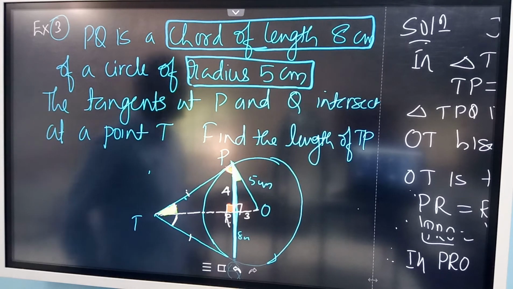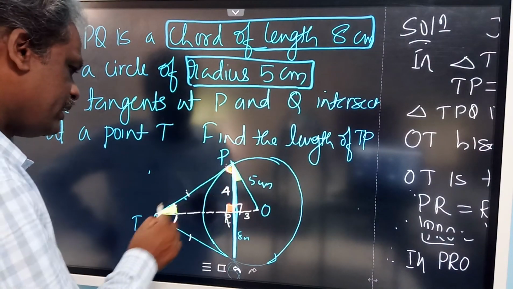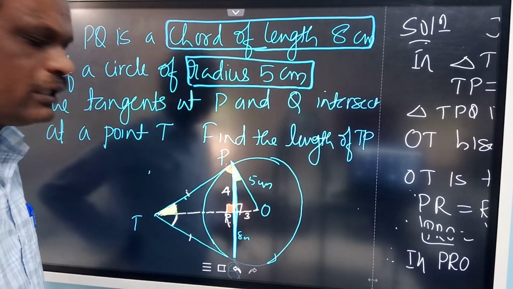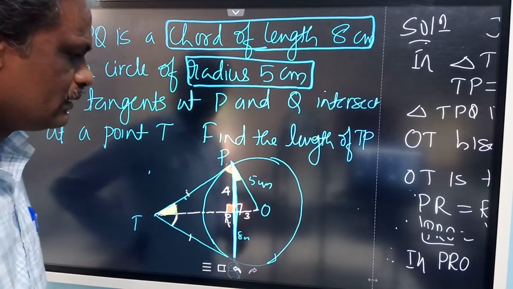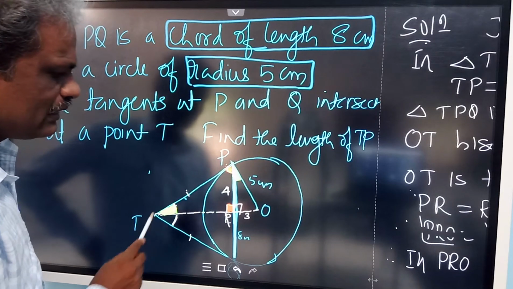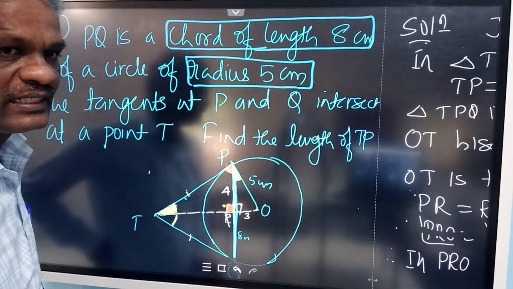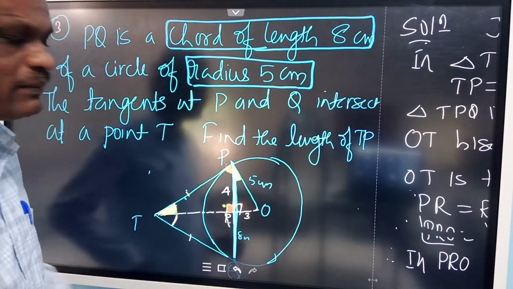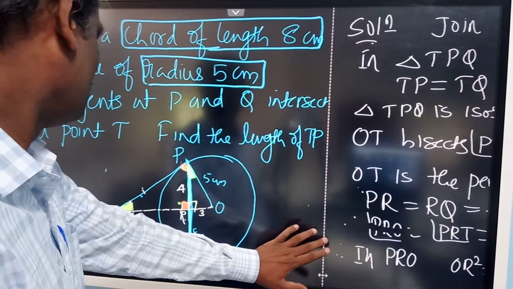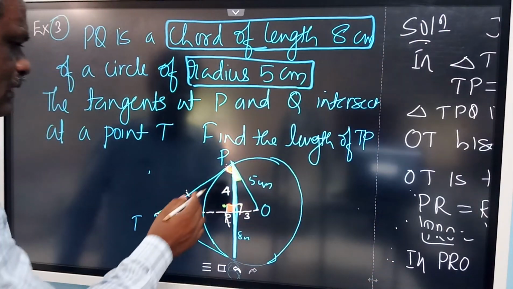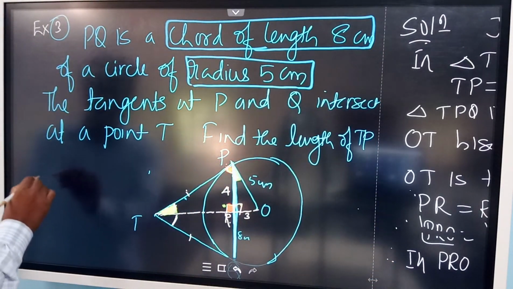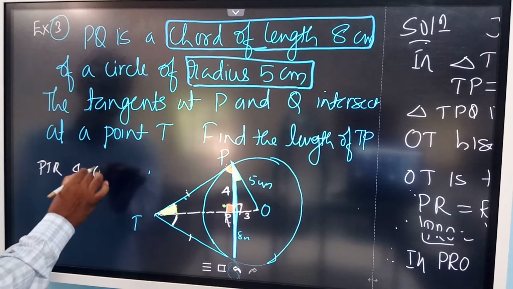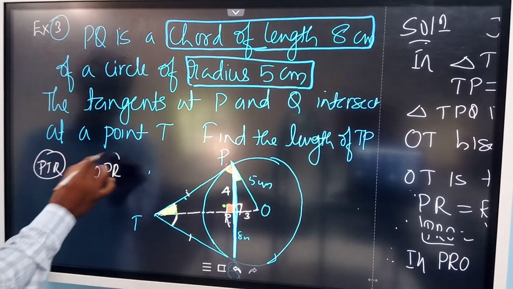Okay. Now in these two triangles, look at the triangles. Triangle PTR and OPR. Can't you prove that these two triangles are similar? You have proved that this angle is equal to this angle and these two angles are 90 degree. So therefore I can write PTR and OPR, they are similar to each other. So we will write which are the angles similar. Look at this. So in triangles PTR and OPR, which are the angles which are equal?